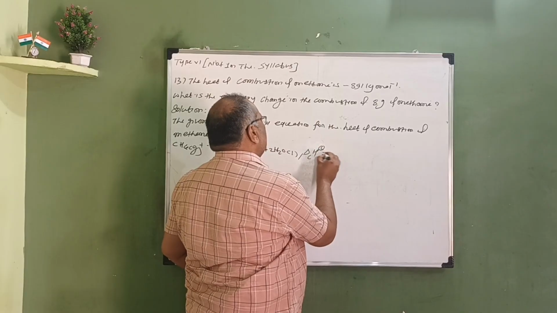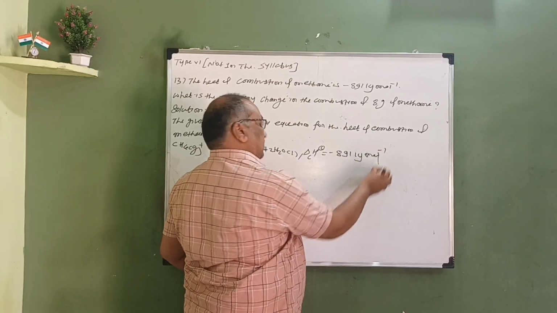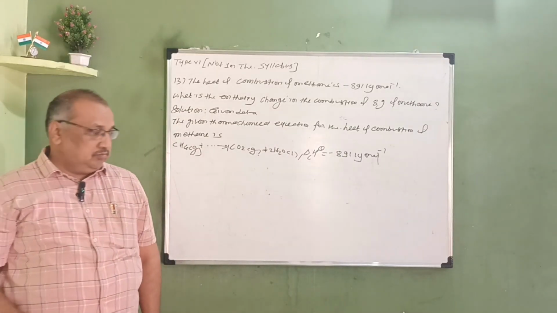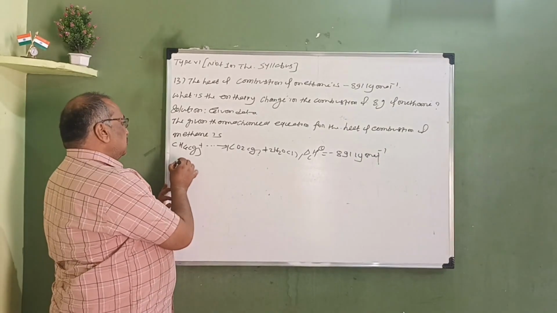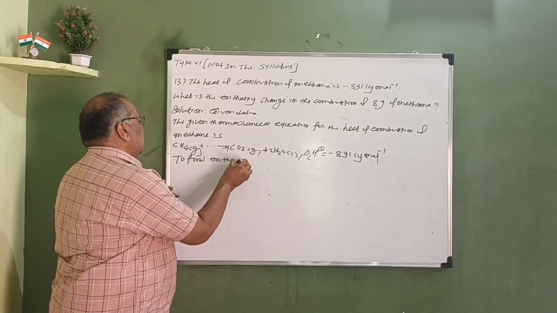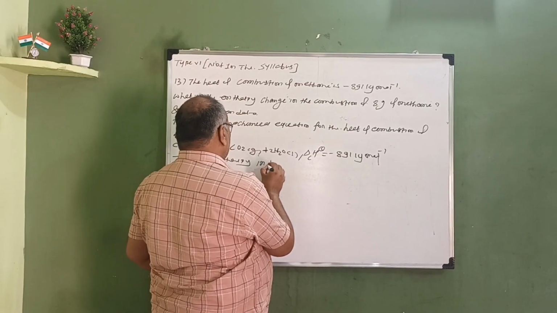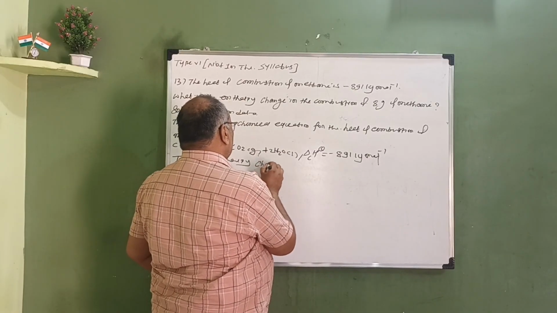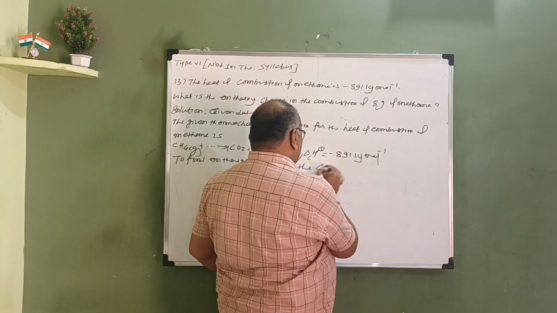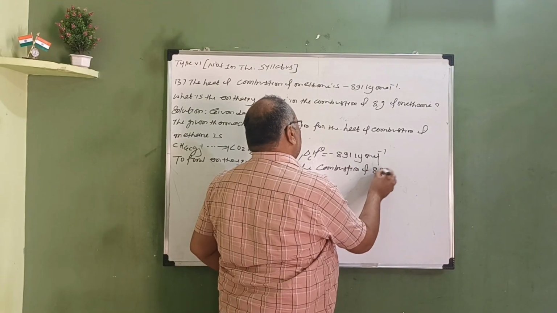Here comma, delta H C theta equal to minus 891 kilojoule per mole. Now here to find enthalpy change in the combustion of 8 gram of methane.